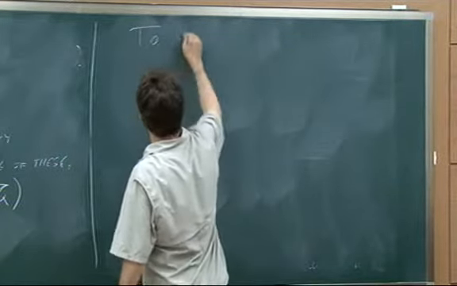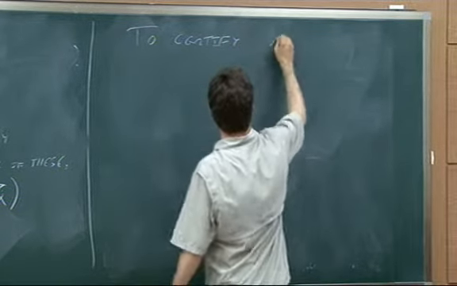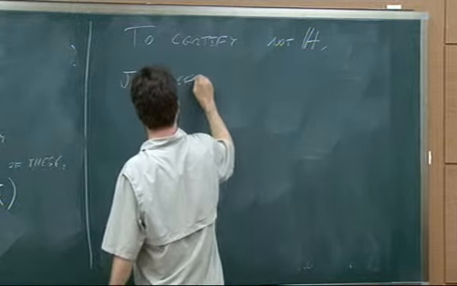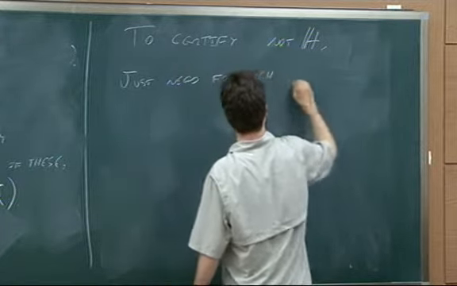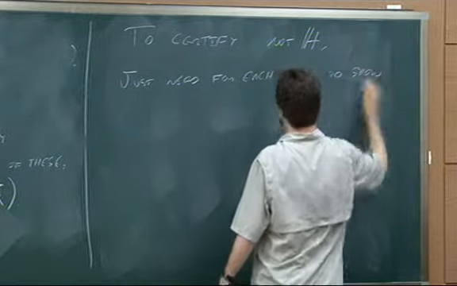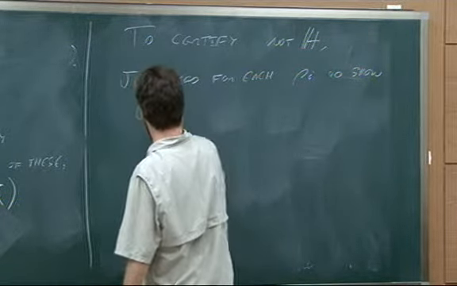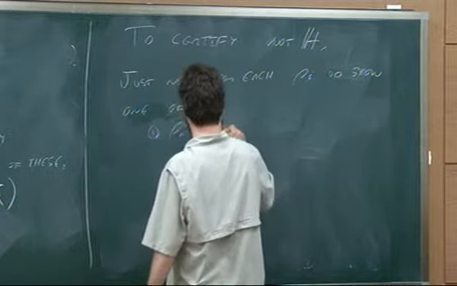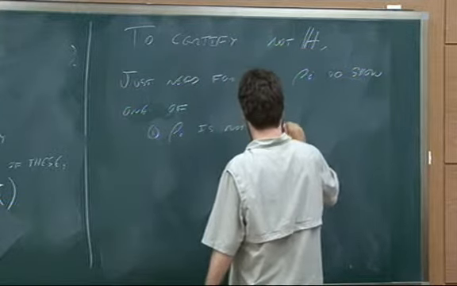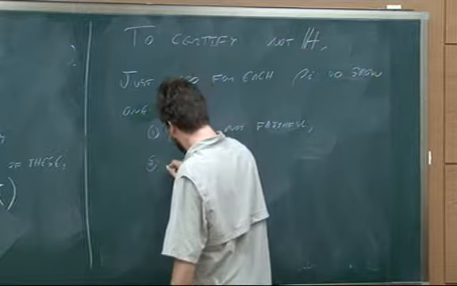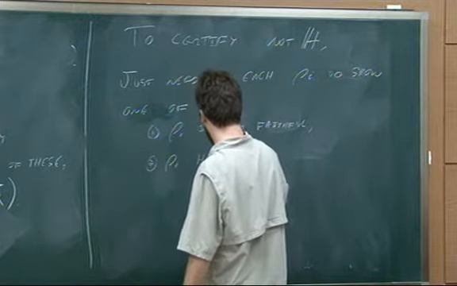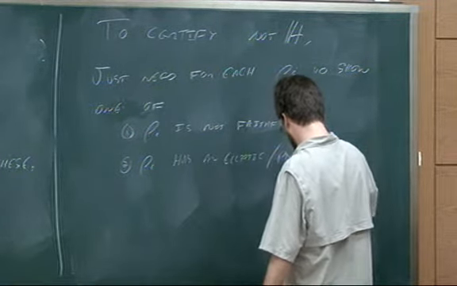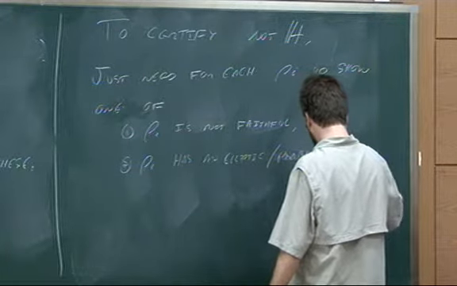To certify not H, for each rho i we just need to show one of the following: rho i is not faithful, or rho i has an elliptic or parabolic in the image.